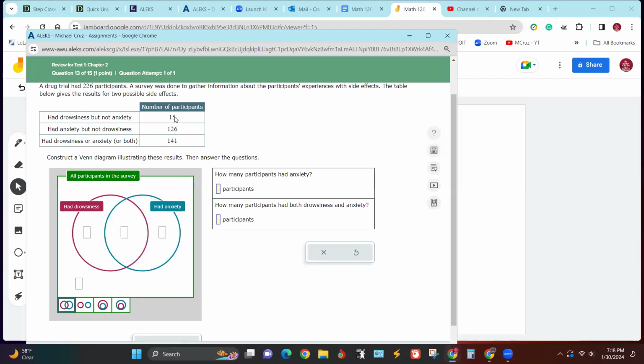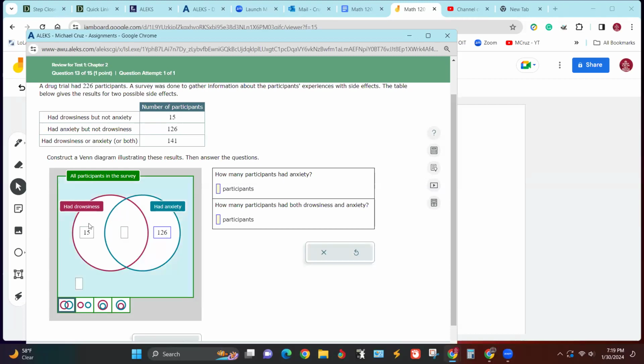Where would this one go? The 15, drowsiness, right there, right? Had anxiety, but not drowsiness. So does that mean the 141 goes in here? No, because it does not say just both.